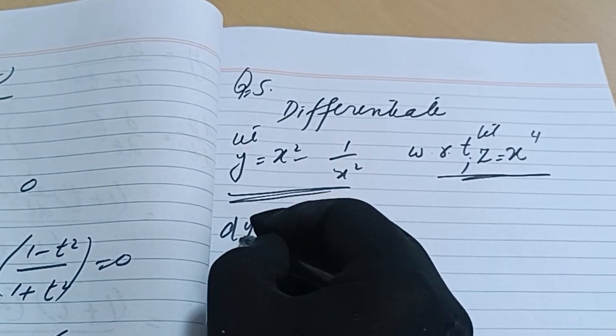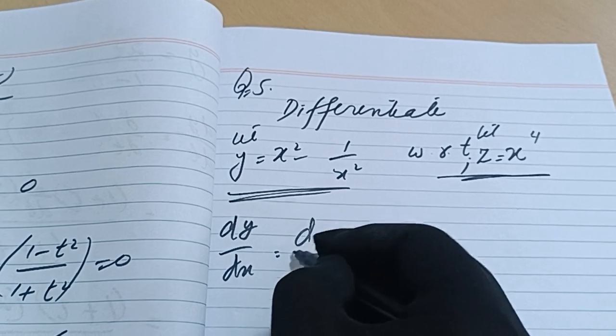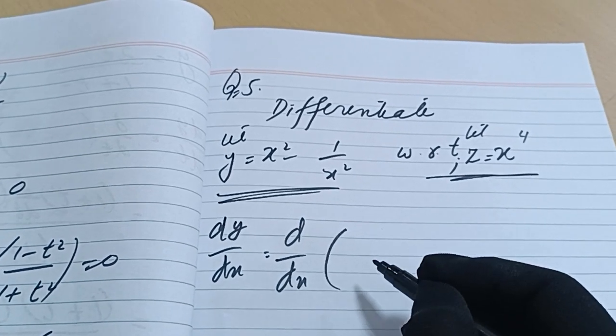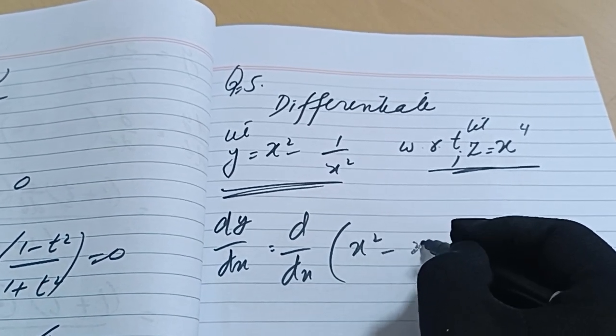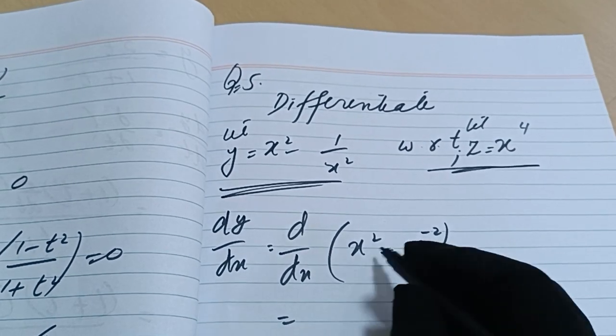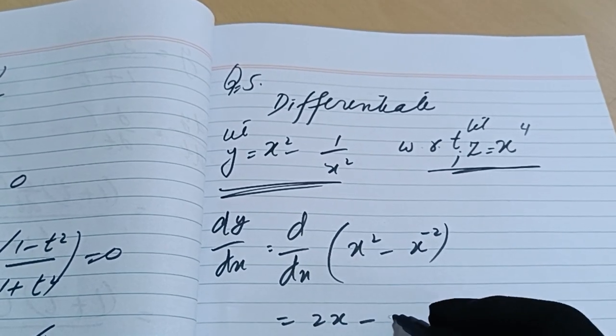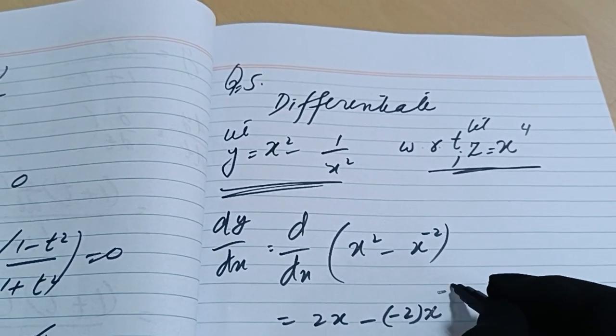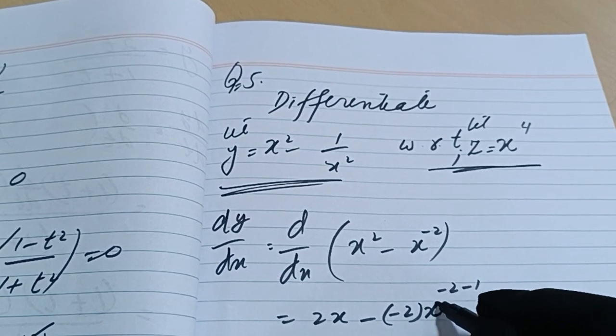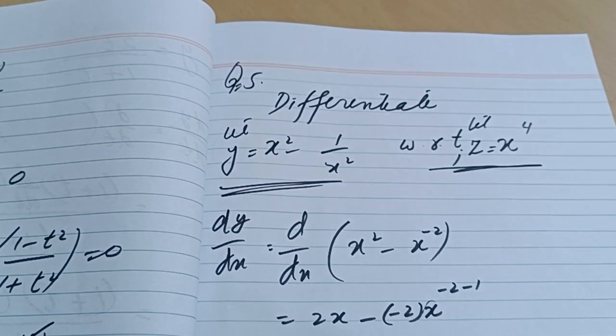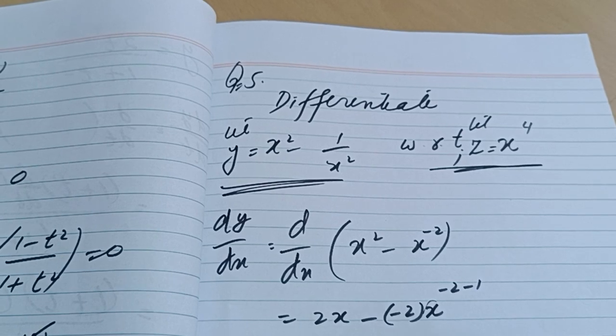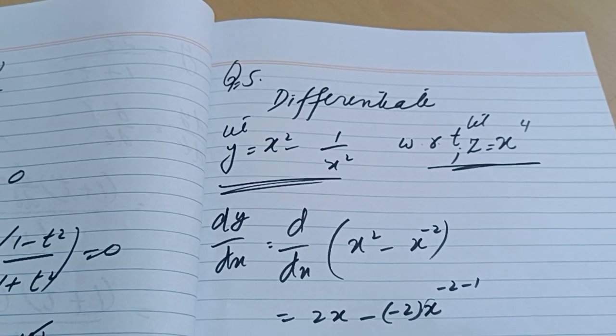It will become dy by dx, and d by dx of the function x square minus x power minus 2. It becomes 2x, and power in front, power minus 1, and derivative of x is 1. So 2x minus minus, plus 2 times x power minus 3.